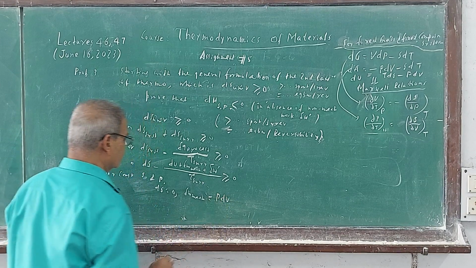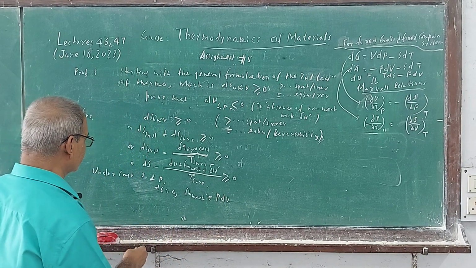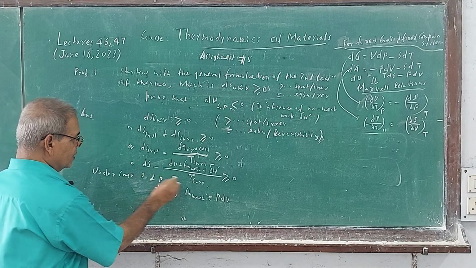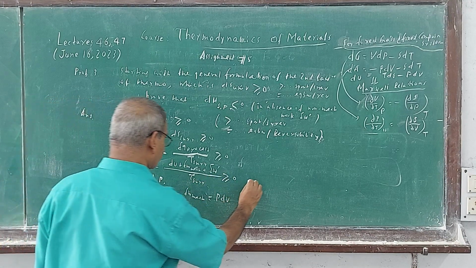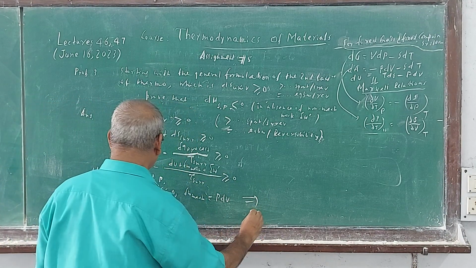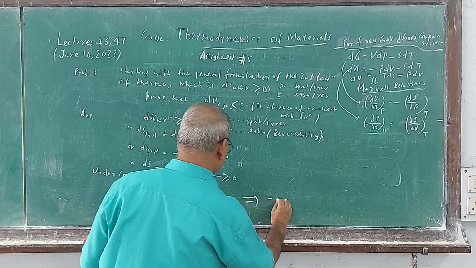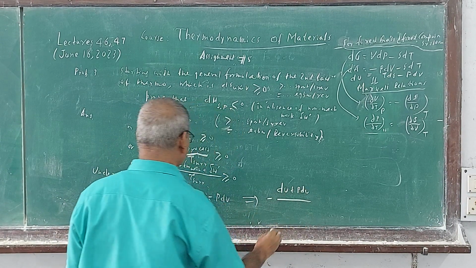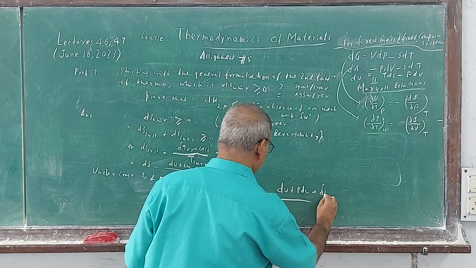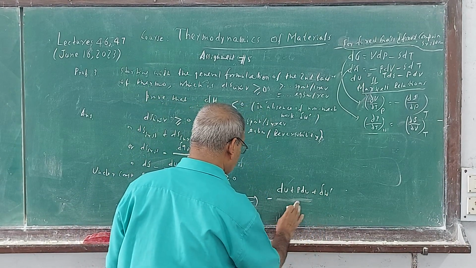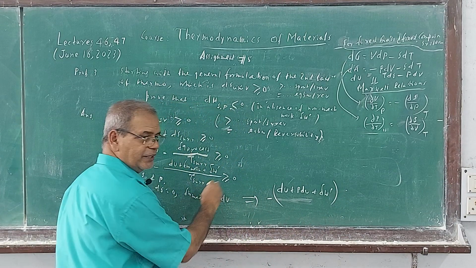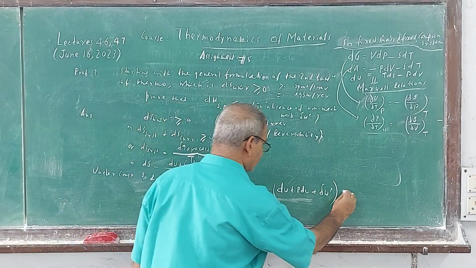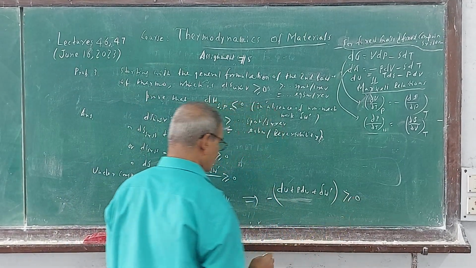Apply this. Then what does it get to? This is 0, this is 0, this is 0. What does this lead to? It leads to minus dU plus PdV, plus dW prime by T surrounding, greater than or equal to 0. Star.